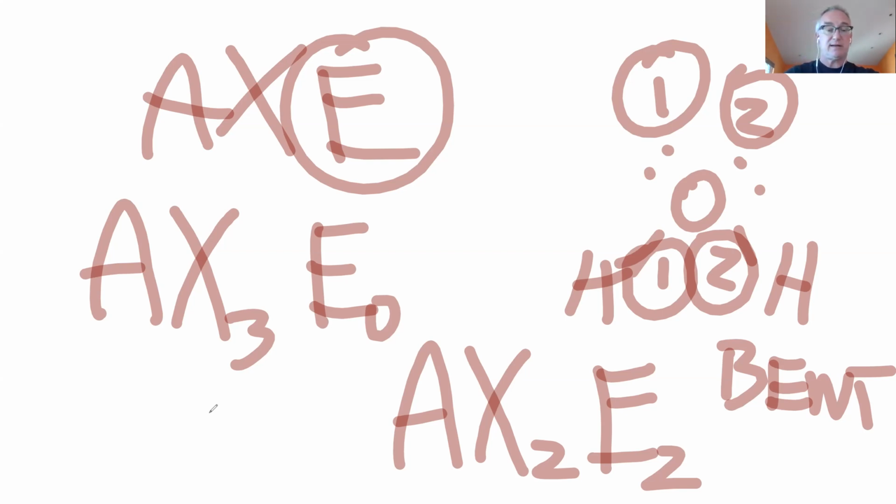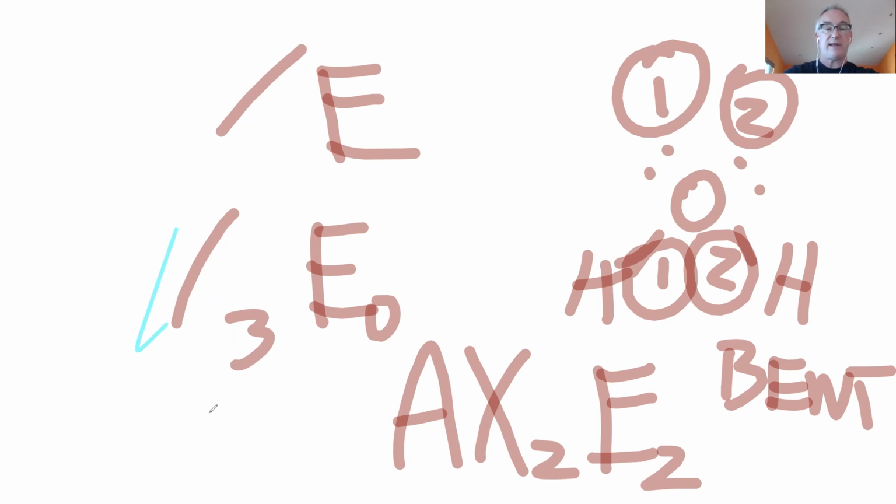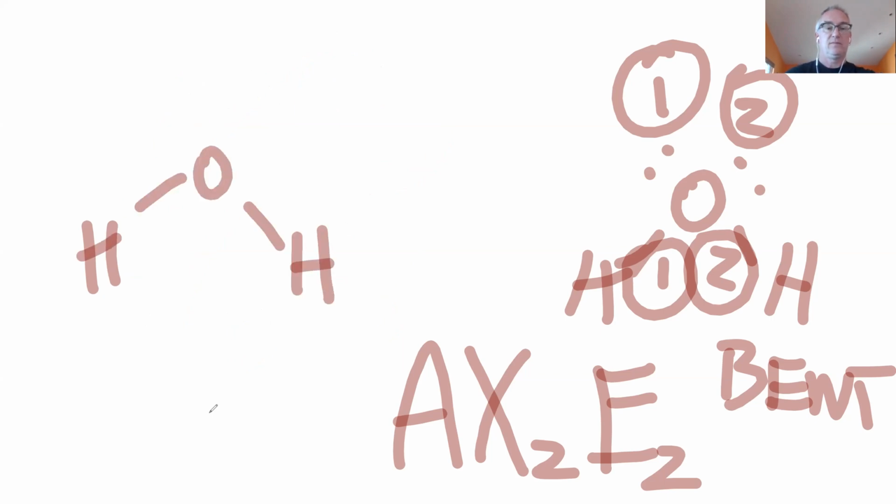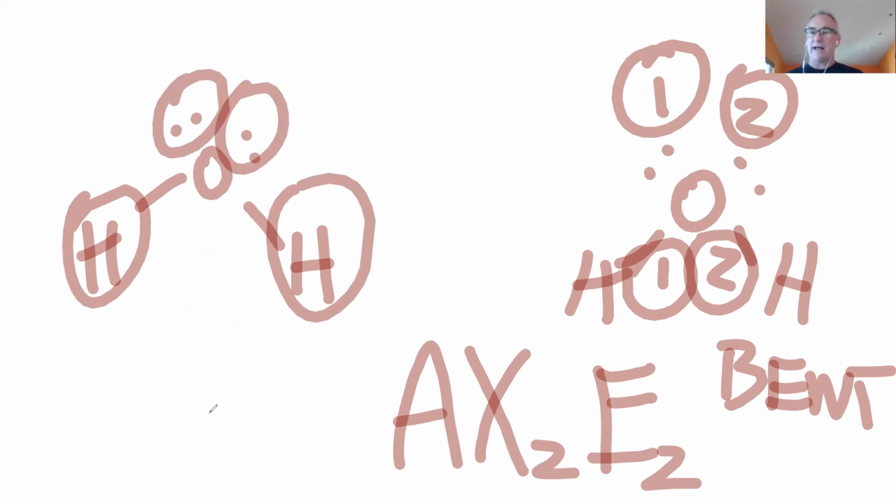Because if we just look at the water by itself without the electrons there, it looks like this, right? And you'd say, well, that's a bent molecule. The reason it's bent, though, is because of the 2 lone pairs. The 2 lone pairs are in the tetrahedral shape. So we have 1, 2, 3, 4 electron regions in a tetrahedral arrangement.